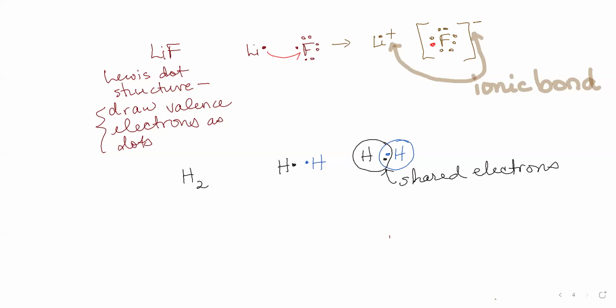In other words, it thinks it has a 1s2 noble gas configuration. If I separate them, each will have one, but together, each hydrogen thinks it has two electrons. We draw the shared electrons as a line, and each line indicates two electrons being shared.